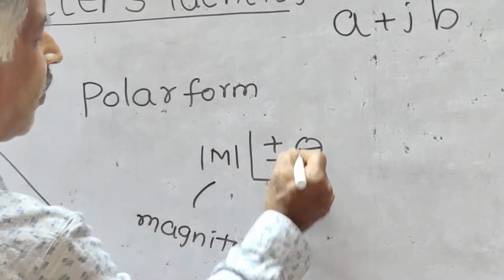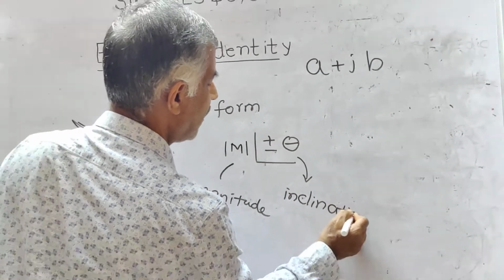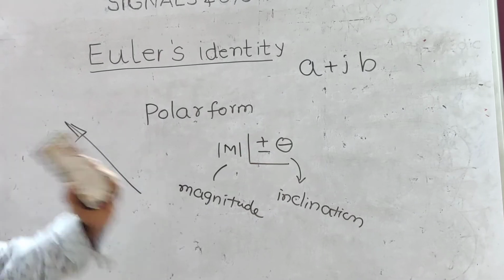And theta is called inclination. So magnitude and inclination. This is what is called polar form.